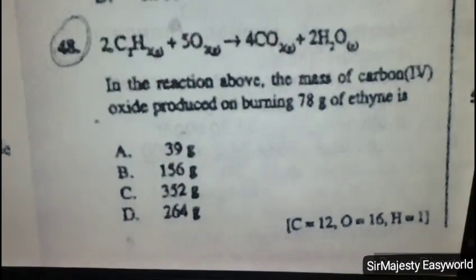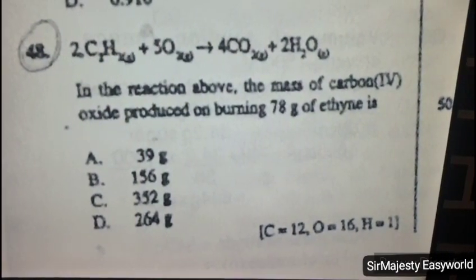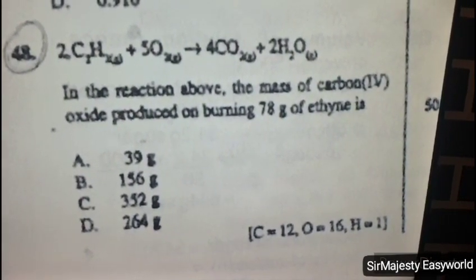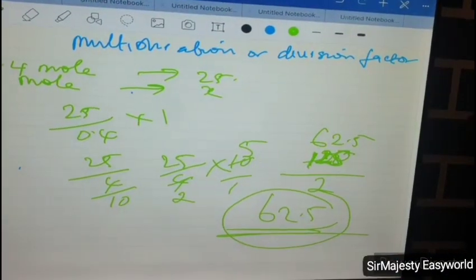Okay, let's just go back to the board and solve. We have that 2:4 according to this equation.